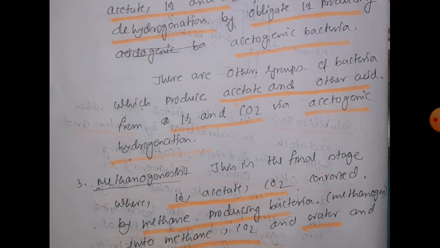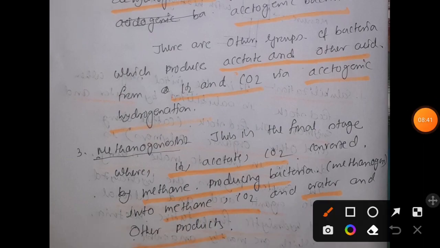The other groups of bacteria can also break down this acetate via the acetogenic hydrogenation step, converting it into H2 plus CO2. As a result, the final products that we get are H2, CO2 and acetate after the solubilization, acidogenic step and acetogenic reaction.